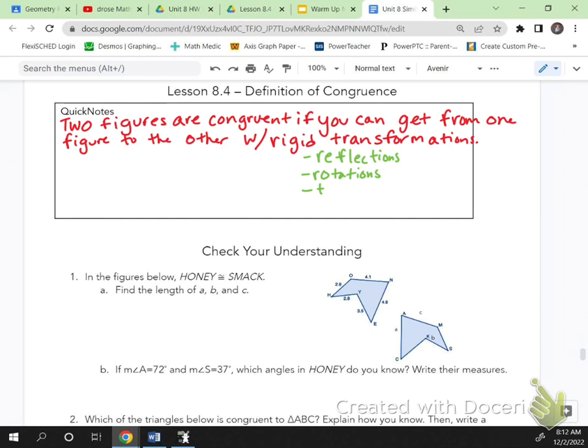Those are rigid transformations, and technically they are called isometries. We call these isometries. Okay?